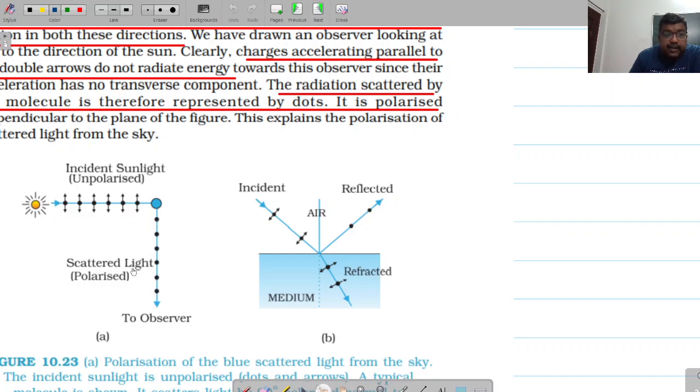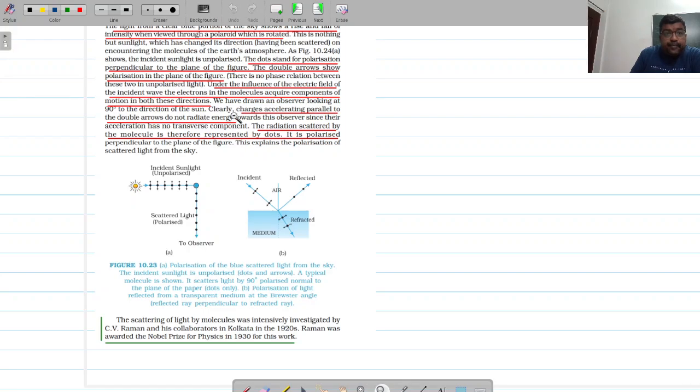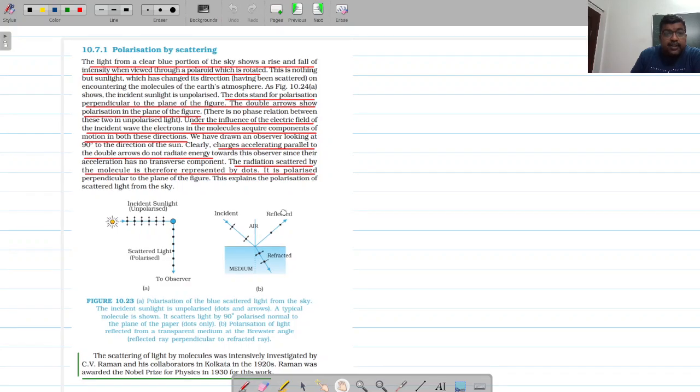So the scattered light is polarized, because the vibrations represented by the arrows are missing here. That means the vibrations are in only one plane, and that is polarization. Let us see what is given in the NCERT to understand this.